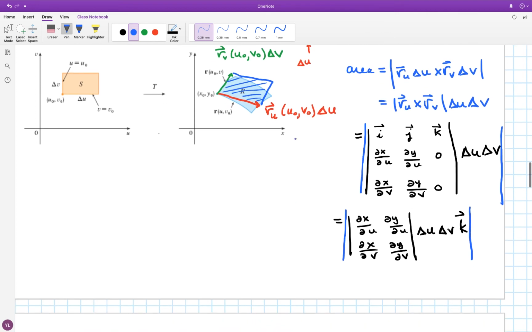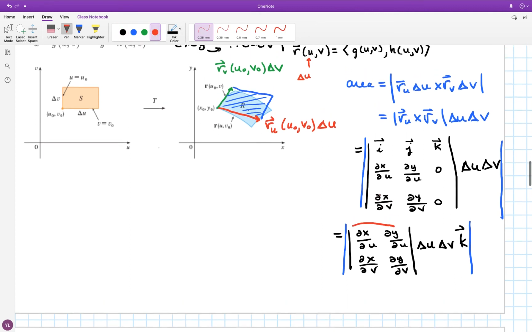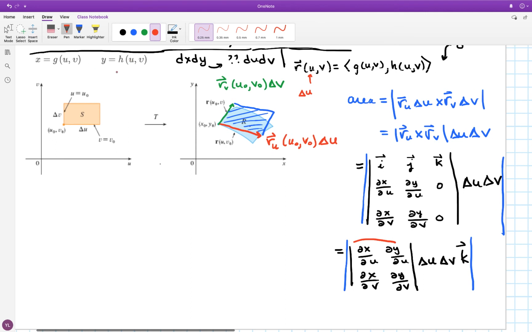Okay, so it turns out that this right here is called the Jacobian of this transformation. And typically we reverse these two components. We put the x's along the top and the y's along the bottom, but the determinant of that matrix is exactly the same.